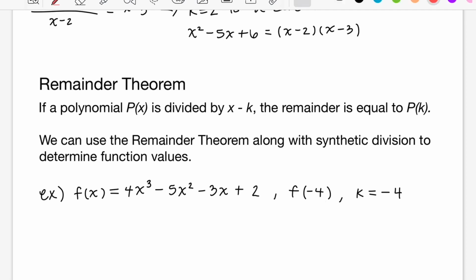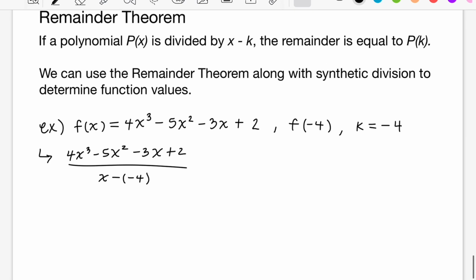So what this means is, we're going to take our polynomial function and divide by x minus, and our k is negative 4, so it's x minus negative 4.